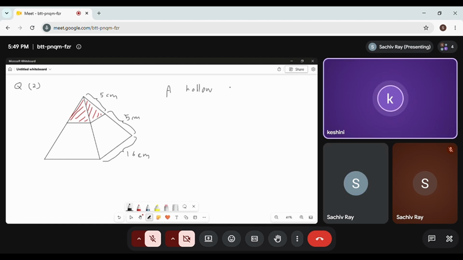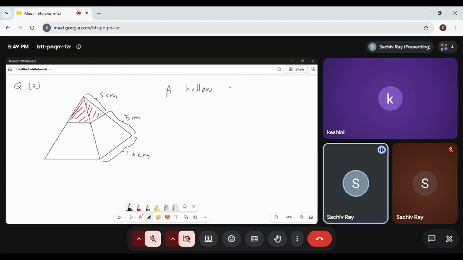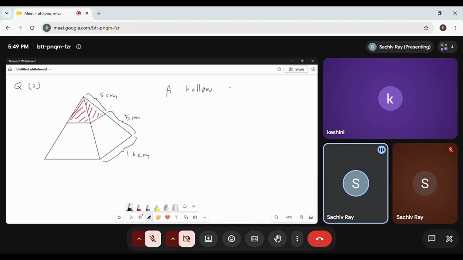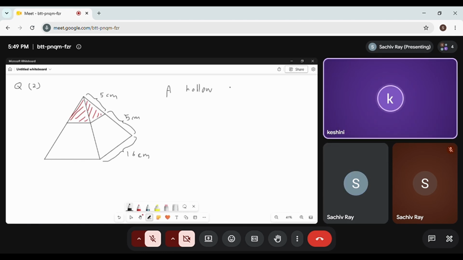A hollow square based pyramid had a small part of its top.